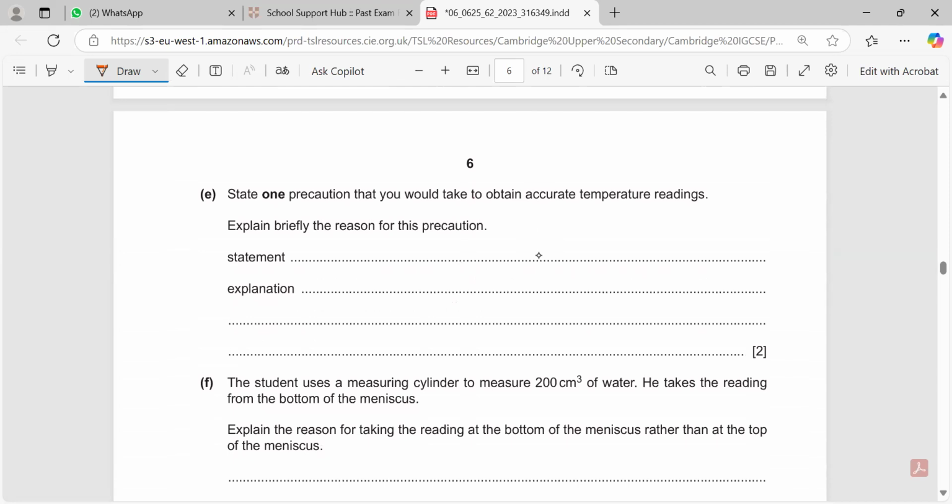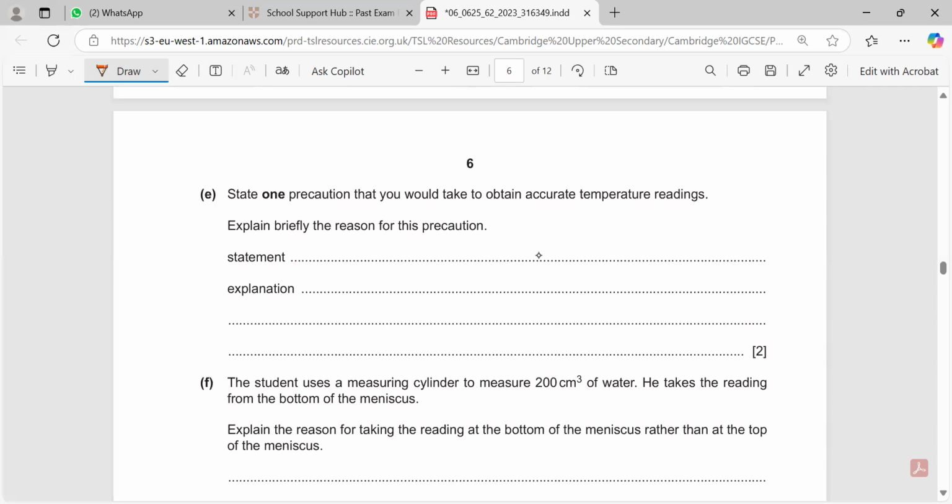Then state one precaution that you would take to obtain accurate temperature readings. Okay, so very simple.